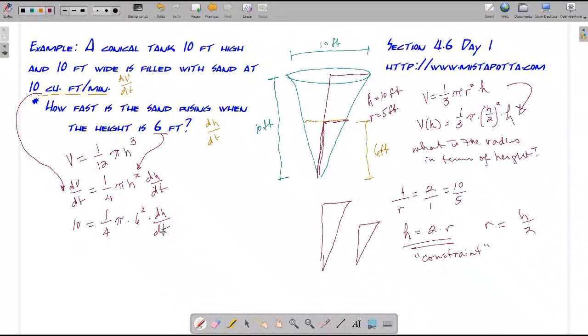And I'm ready to solve for dh/dt. So I've got 10 equals 9 pi dh/dt. And so the change in height over time would be 10 divided by 9 pi.